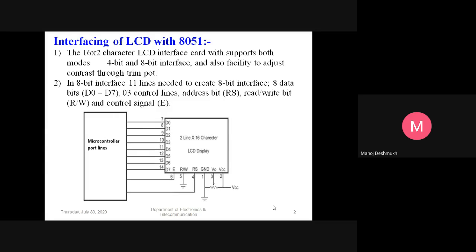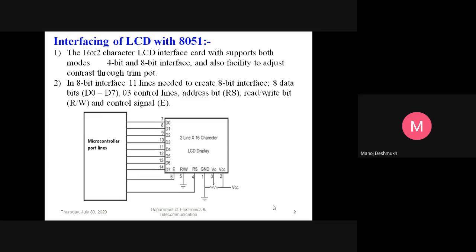So when we discuss the row 0, that is the first row, and row 1: row 0 starts with the 80H hex address and row 1 starts with the C0H hex address. It starts from 80 onwards, and the total number of addresses is 16, so 0 to F, that is 8F, and similarly C0 to CF.